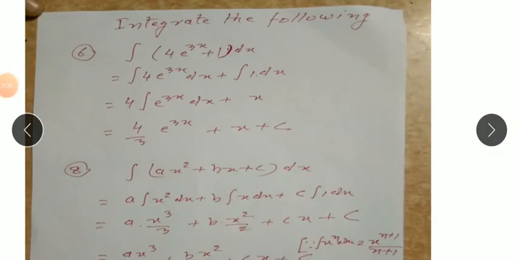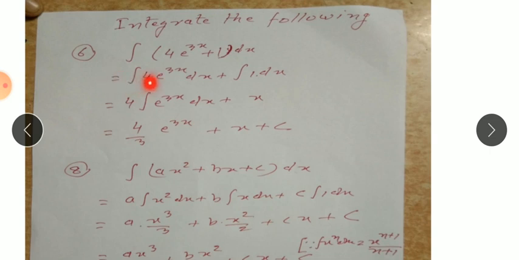Now integrate the following. Refer question number 6. Integration of 4 e raised to 3x plus 1 is equal to integration of 4 e raised to 3x plus integration of 1. That is, we have separated the terms here.